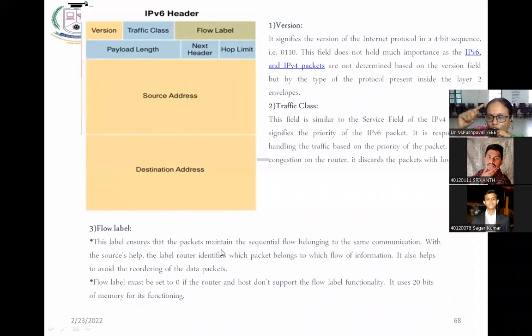Hop limit, how many hops I can transfer from one router to another router, maximum 255. And this source address 128 bits, and this destination address also 128 bit.